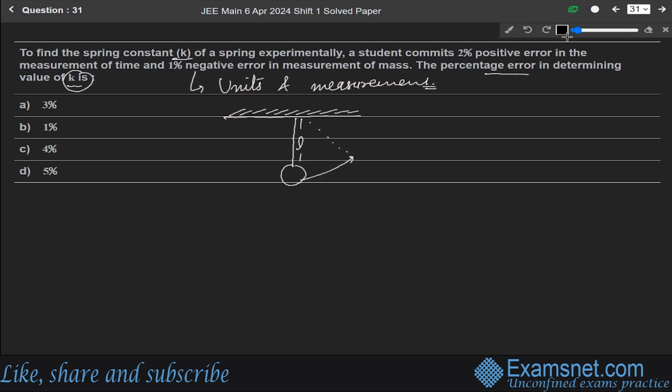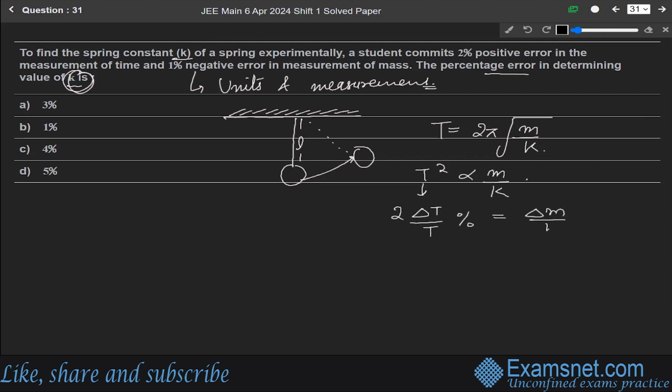For such type of question, the time period T is calculated as T equals 2 pi under root m over K. So T square will be directly proportional to m over K, and since we are asked to find the percentage error in K, we can write 2 delta T over T percent equals delta M over M percent minus delta K over K percent.